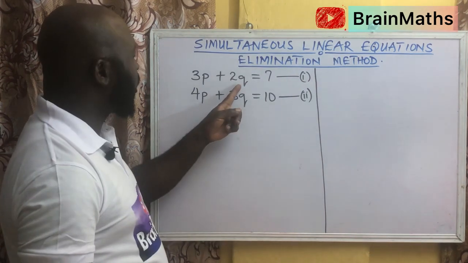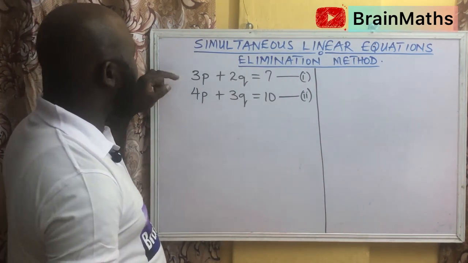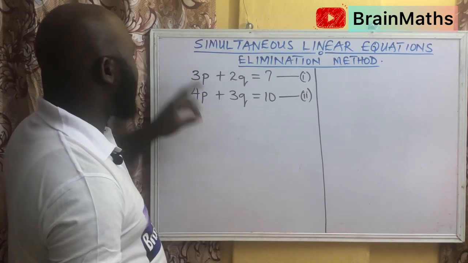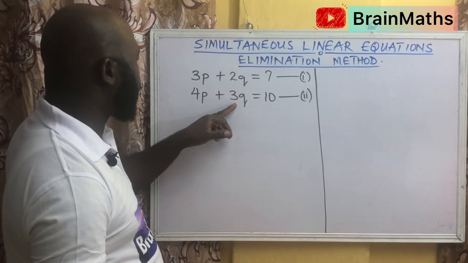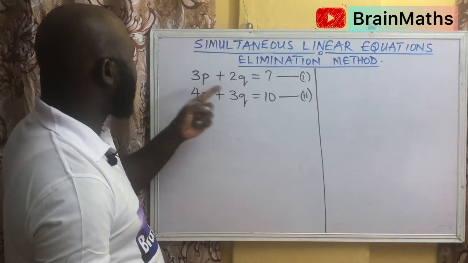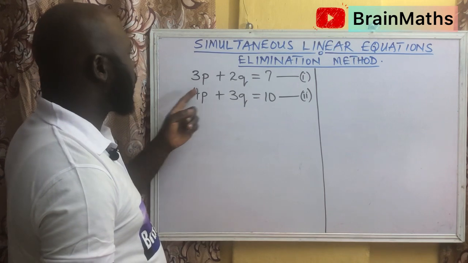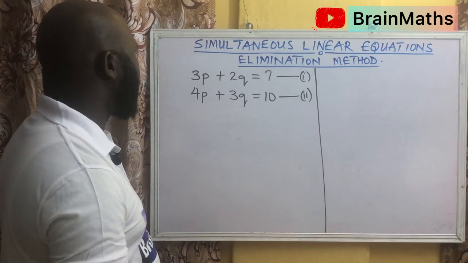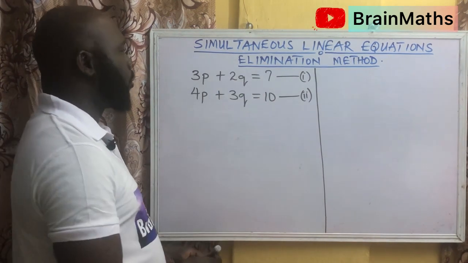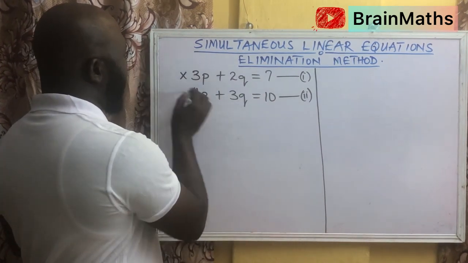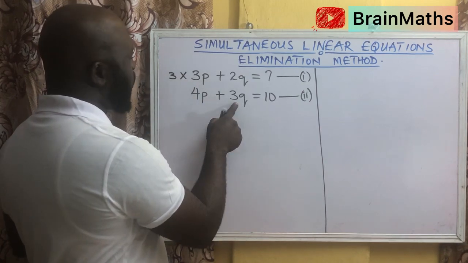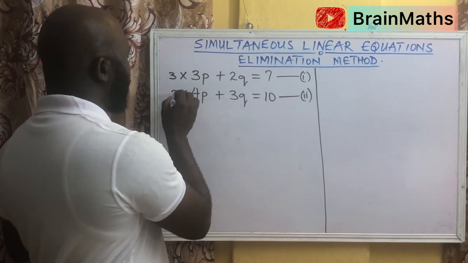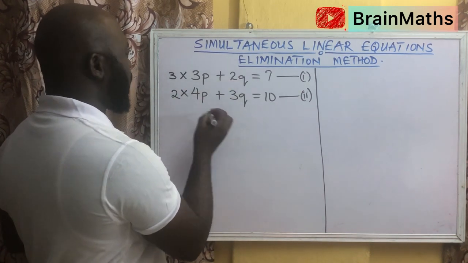If you are eliminating q, you have to multiply all of equation 1 by the coefficient of q in equation 2. And if you are doing that, then the same thing has to be applied to equation 2 by multiplying that equation by 2. So let's try to eliminate q. So we multiply equation 1 by 3, the coefficient of q in equation 2, and then we multiply equation 2 by 2, which is the coefficient of q in equation 1.